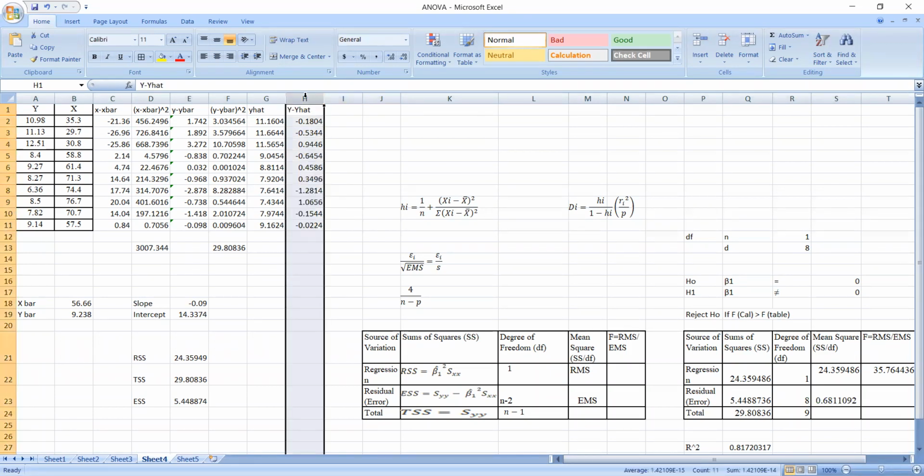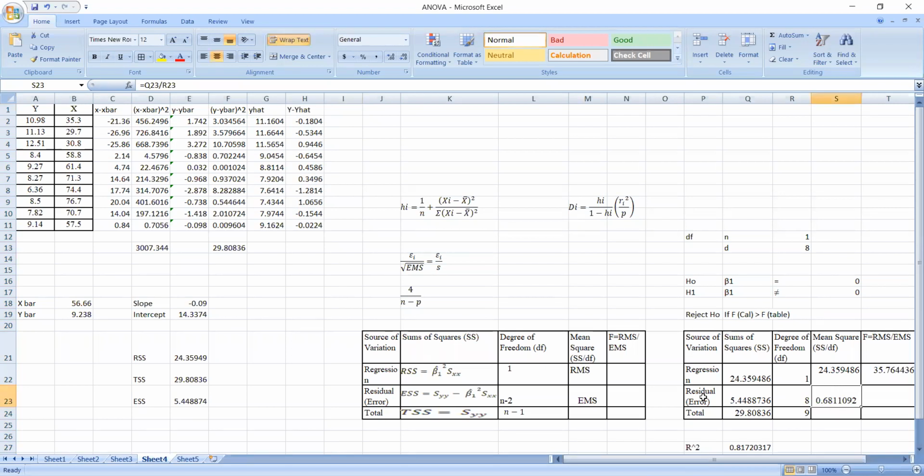In this column you have residuals, so we calculate the standardized residuals. How do we calculate them? After calculating the residuals, you divide each residual by the square root of the error mean square value. In this case, the error mean square is 0.68.